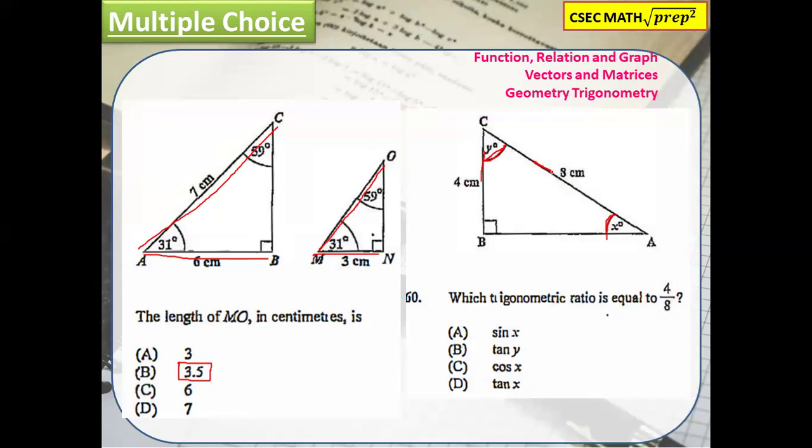That is cos of y. But what we have here is cos of x, so that's wrong. If we're looking at it from this side, the 4 is opposite and the 8 is hypotenuse. So it's opposite over hypotenuse, which is sine of x. So here we are. The others are out.